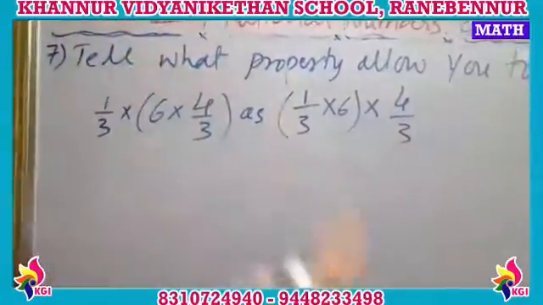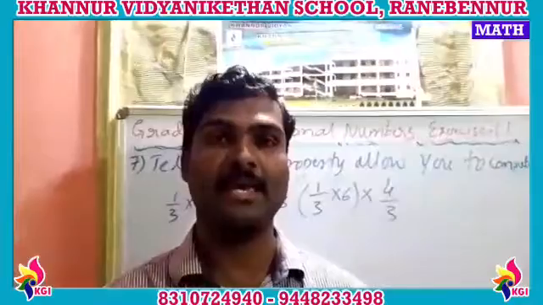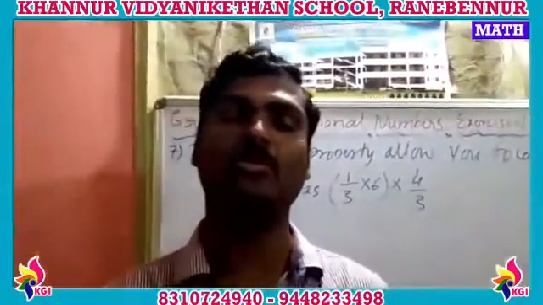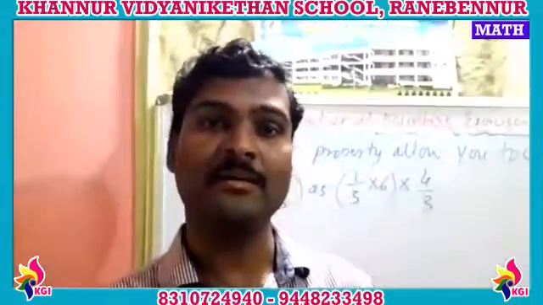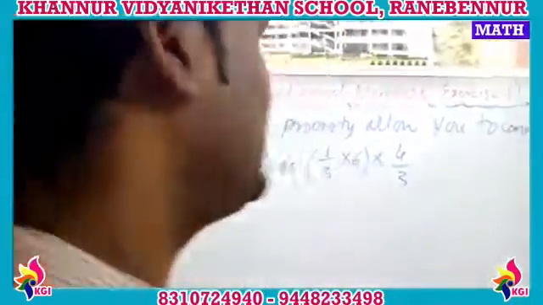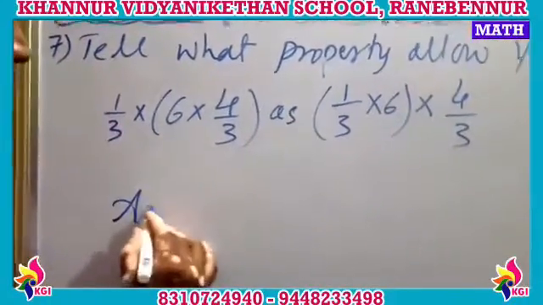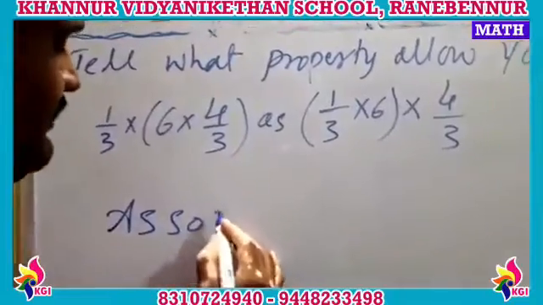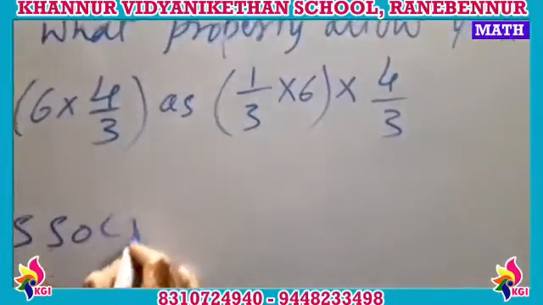Somewhere you are hearing this, A into B into C. It is read as A into B of C is equal to A of B into C. Like this, some property has been used. What is that? That is associativity. It means the associative property has been studied, right? So that is associativity. Okay, children, here you have to mention it as associativity.